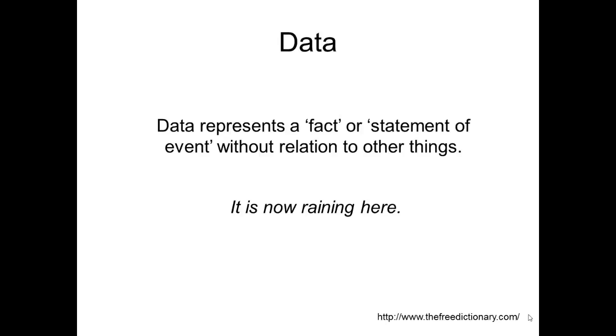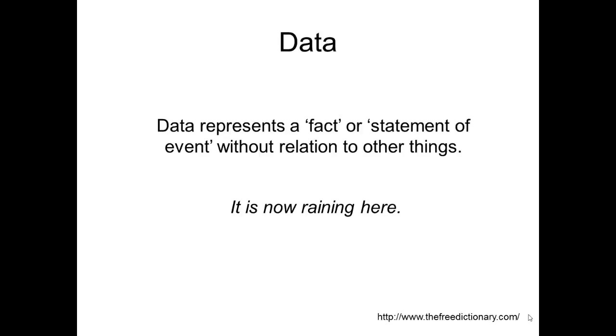We could spend a day debating what facts are. Or a statement of event, something happened, without any relation to other things. So it's an isolated piece of, I was about to say information, but information is the next level up, so I can't use that. A measurement, so to speak, an observation.